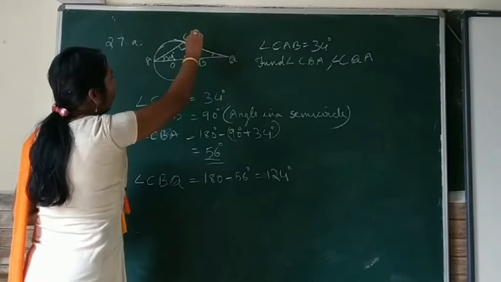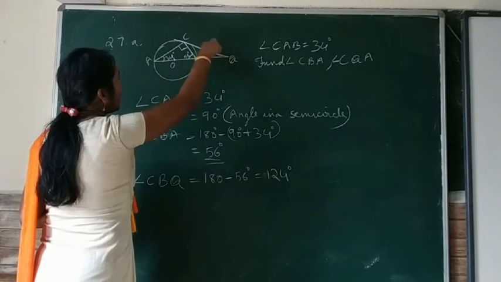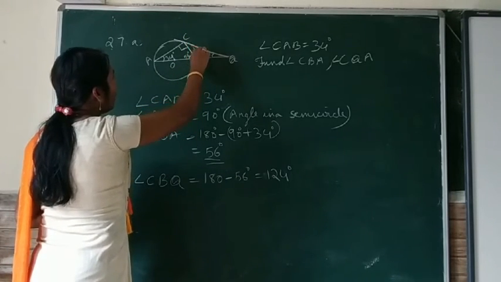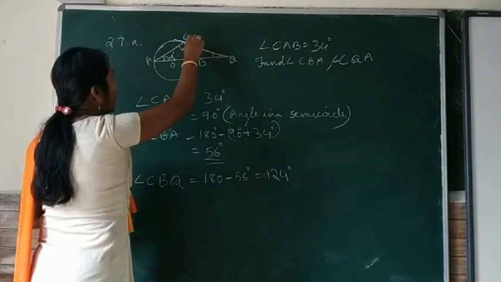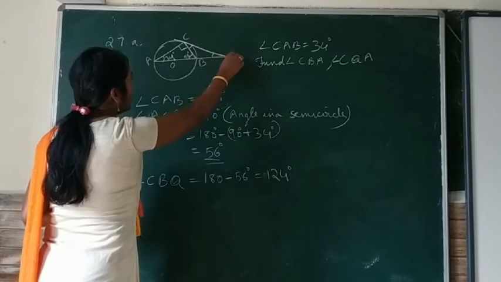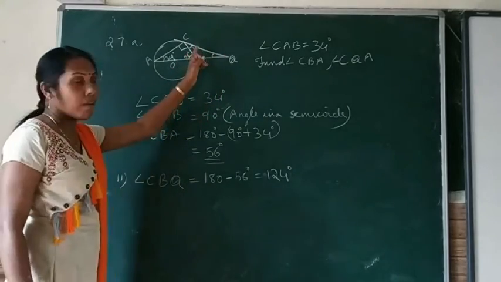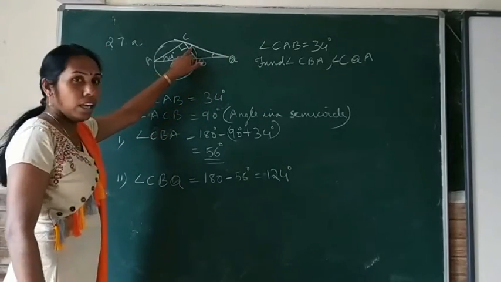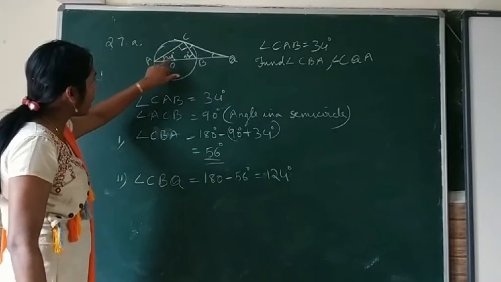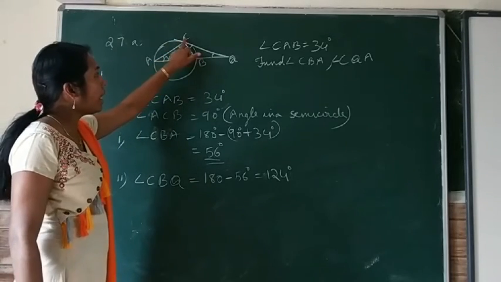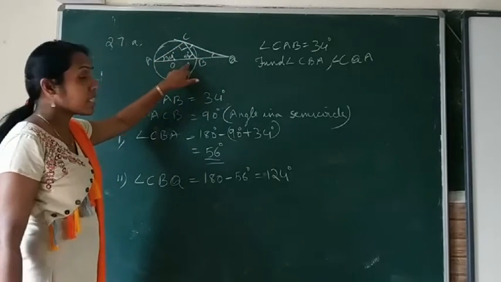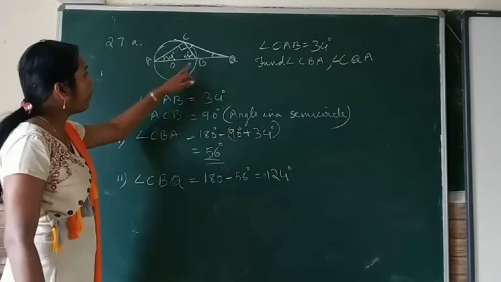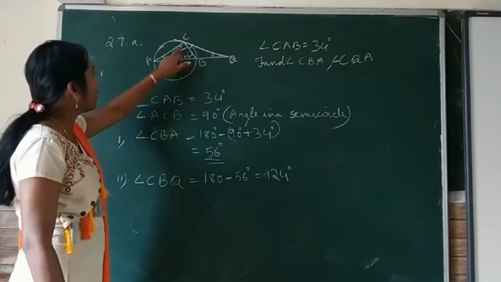Now, angle BCQ is an angle between a chord and a tangent, and by the alternate segment theorem we know that this angle is equal to the angle in the alternate segment. So for angle BCQ, CAB is the angle in the alternate segment, therefore angle BCQ is equal to angle CAB.